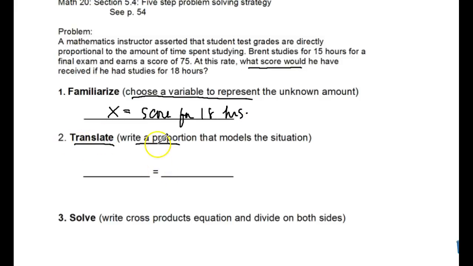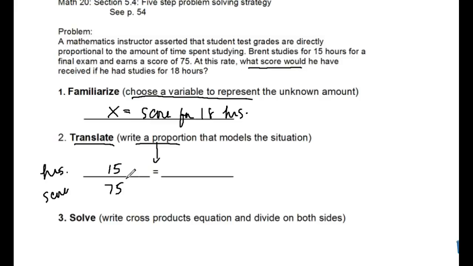A proportion is a kind of equation. It has an equal sign in it. So we're going to translate it into an equation. Well, we have two things that we're comparing: the hours studying and the score received on our test. He studied for 15 hours and had a score of 75.